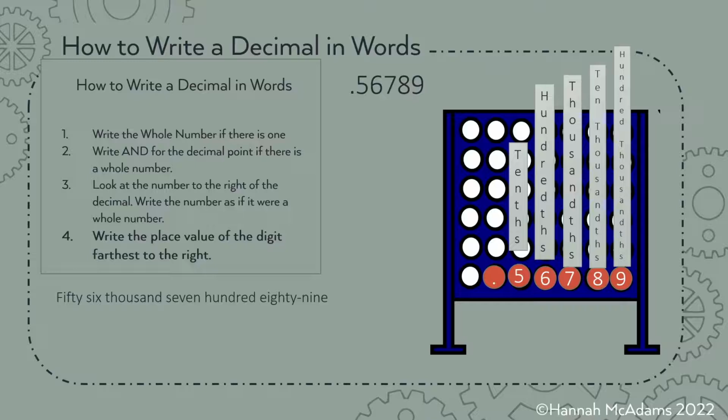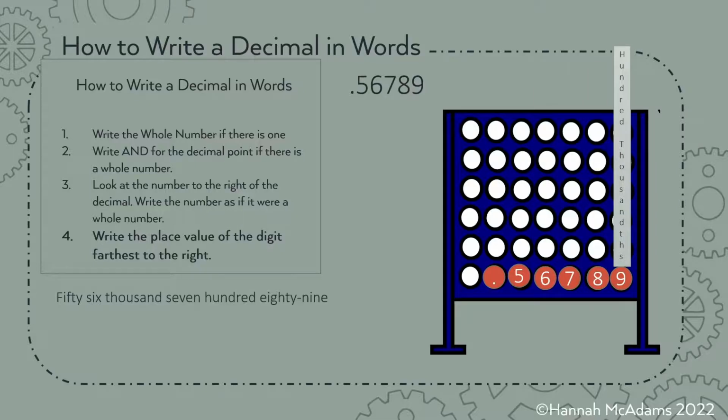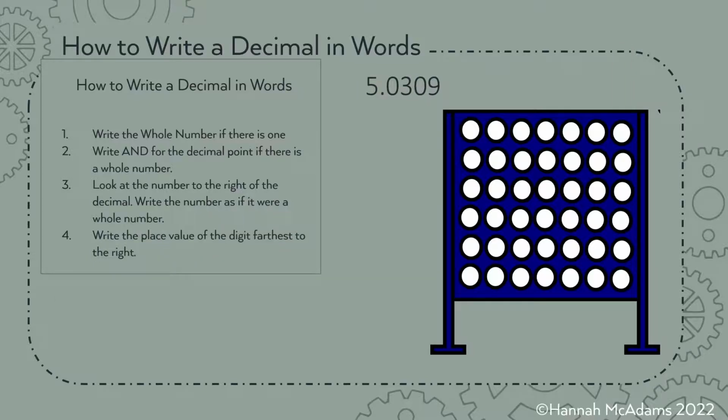It's kind of hard to say. All right, since the 9 is in the 100,000th place, it's the farthest from the right, we're going to write 100,000ths. Okay, so that number is 56,789 100,000ths.